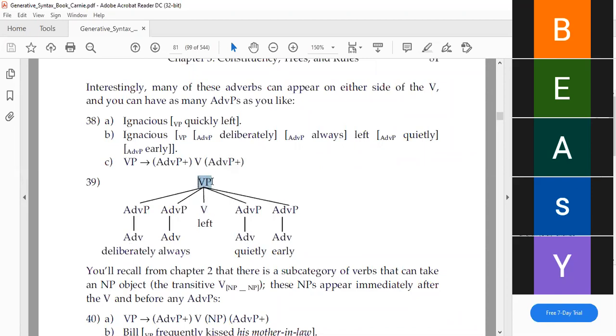They should be attached within the phrase they modify. That's why all of them must be attached within the VP, meaning all these adverb phrases and the verb belong to the same verb phrase.